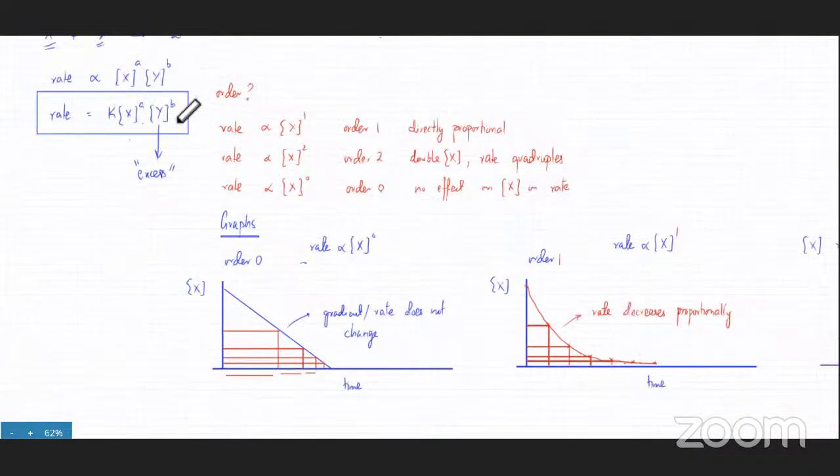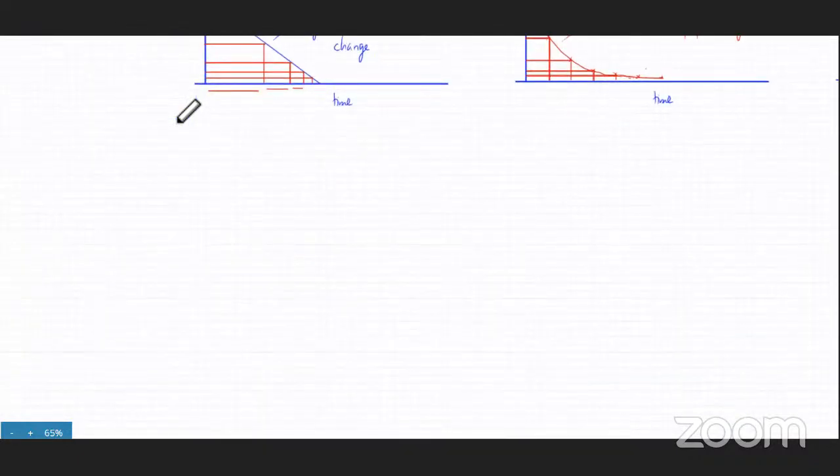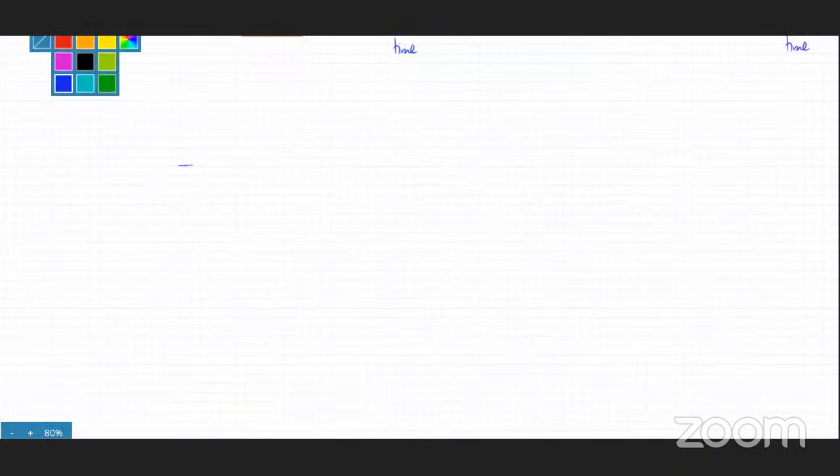अच्छा फिर ये कि second step, that's the mechanism. ठीक है, let's move towards mechanism. अच्छा now how is the order determined by the mechanism of a reaction?